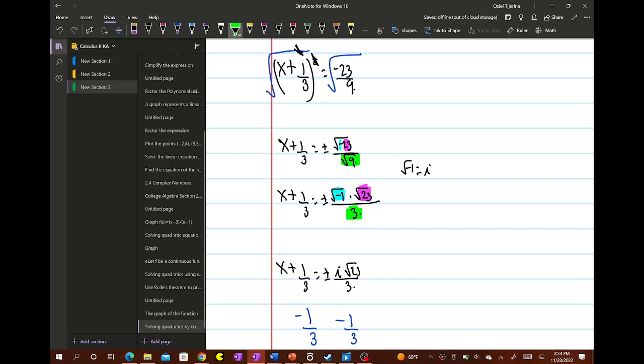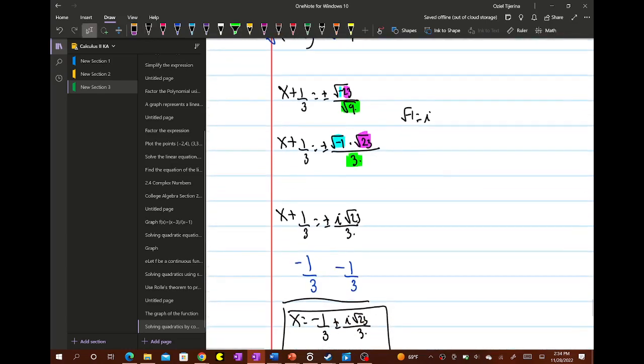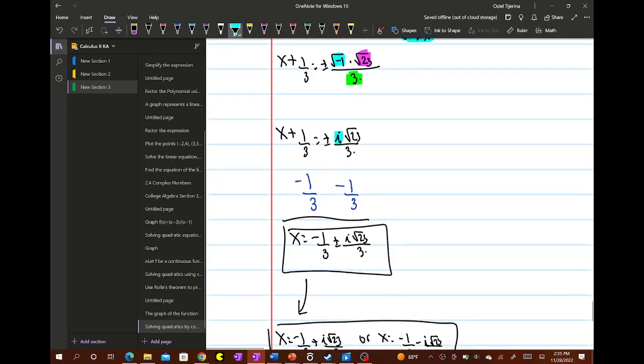So we know that the square root of negative 1 is actually i. So that's why I put this here. The square root of negative 1 is i. So then I got x plus 1/3 equals plus or minus i square root of 23 all over 3.